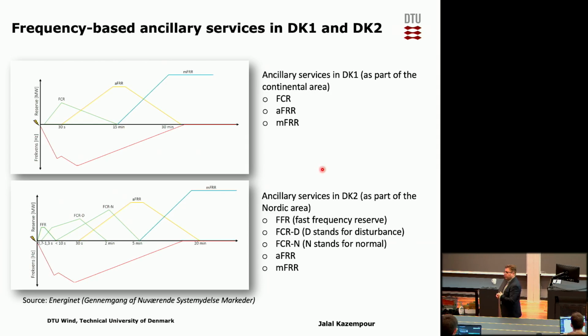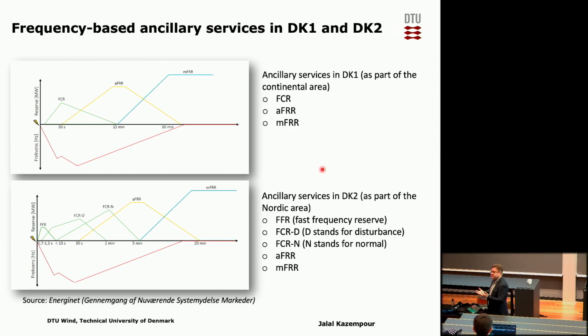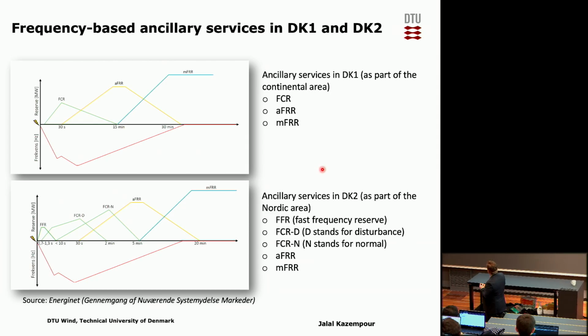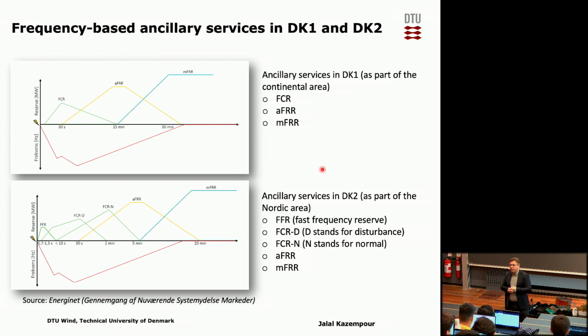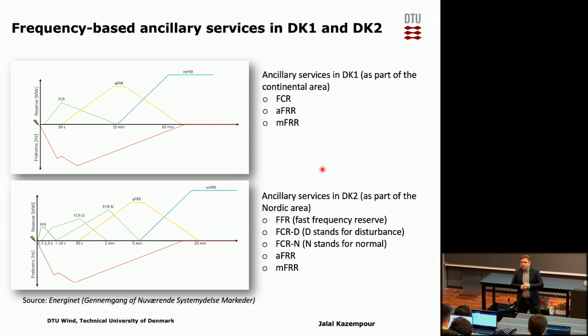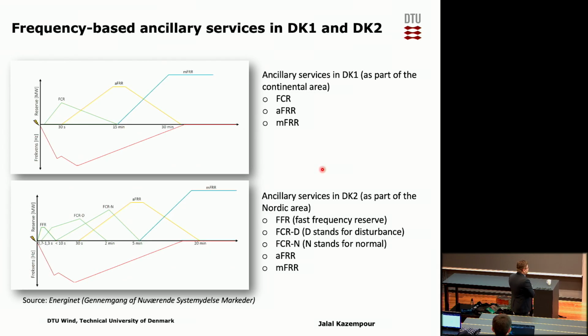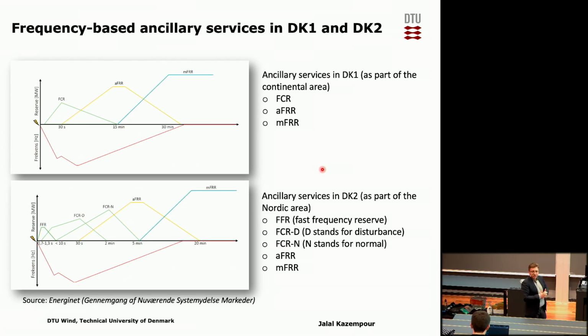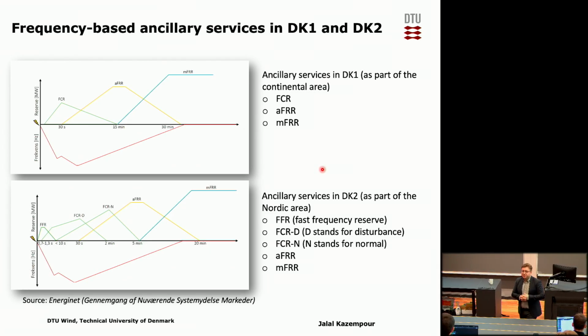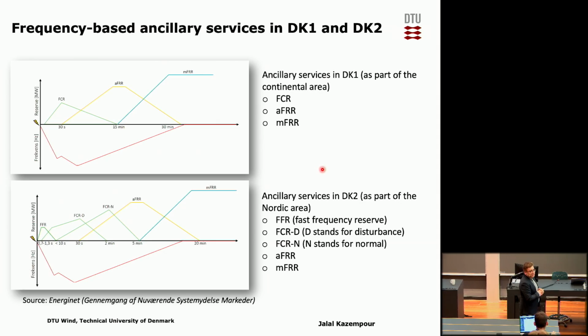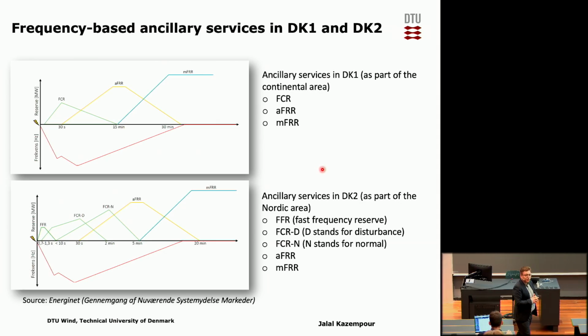So we have more services, starting with FFR, Fast Frequency Reserve. It's the fastest service. And then in the Nordics, FCR is split into two services, FCR-D and FCR-N. D stands for disturbance, N stands for normal.